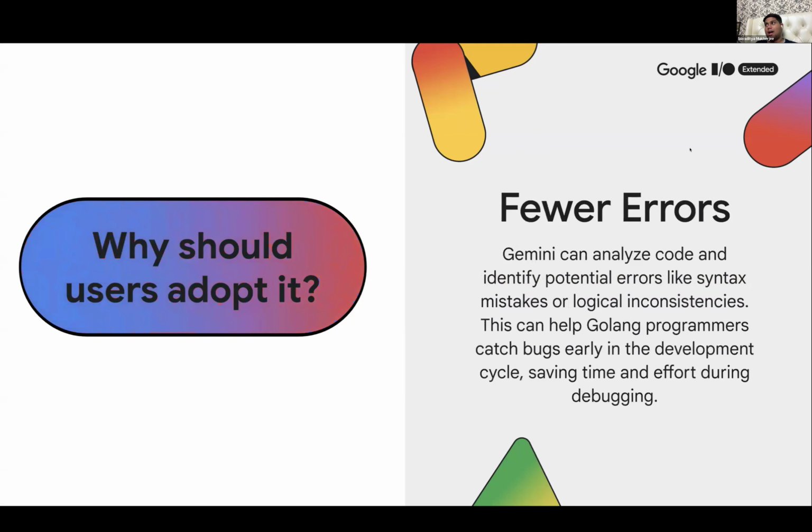Fewer errors. Now, I know that this might be subjective, but Gemini tends to be better at code than most other LLMs available, especially for something like Golang. It can help you to develop quicker while also giving you less error-prone code, while also checking your code and giving you possible hints as to where you may have made mistakes.